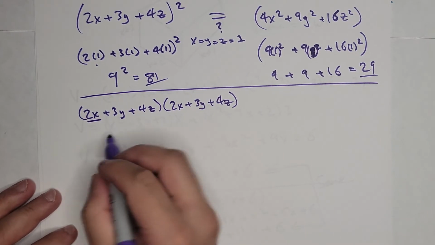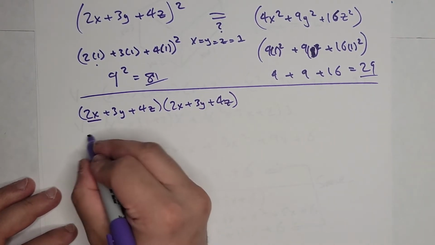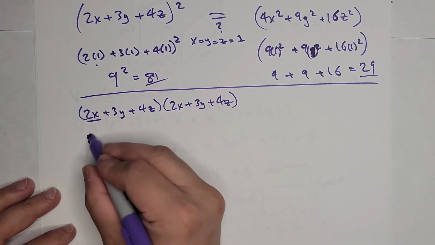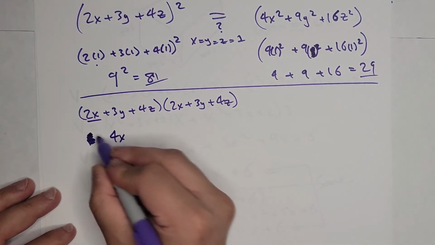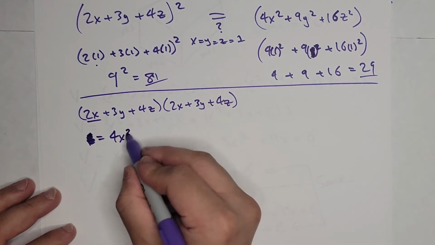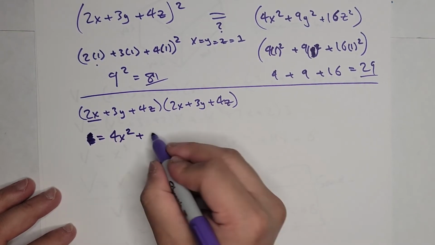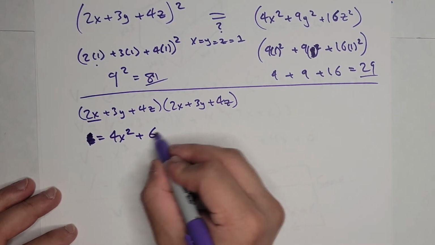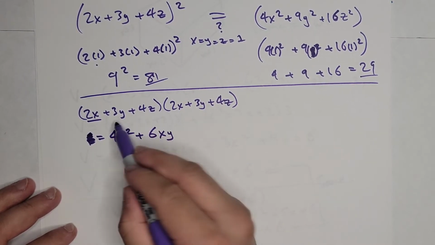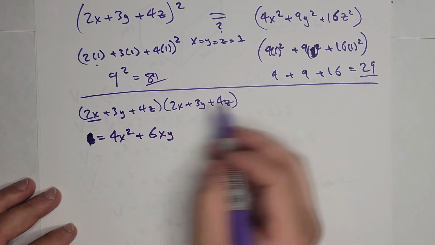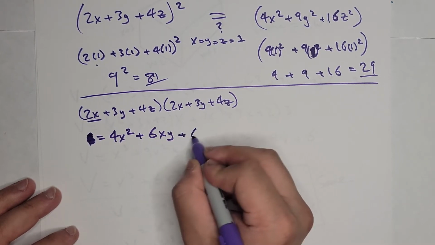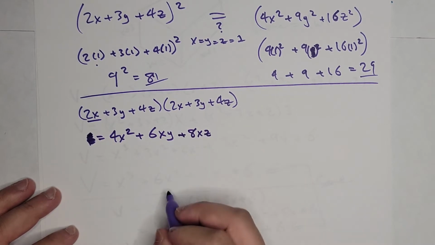So 2x times 2x, that's, I already messed up. Starting on 4x squared plus 2x times 3y is equal to 6xy. 2 times 2x times 4z is equal to, that's that one.